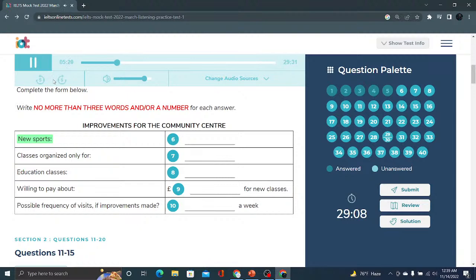Okay, we're halfway through. The next bit is all about how the community centre could be improved, if at all, that is. I see. Well, I'll give it a go. Firstly, I'd like to find out your views on sports facilities.